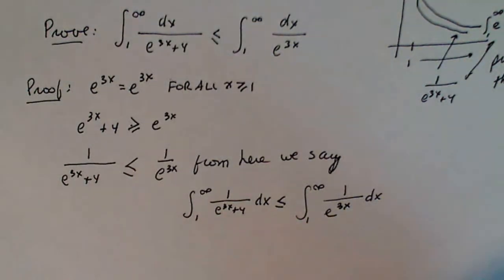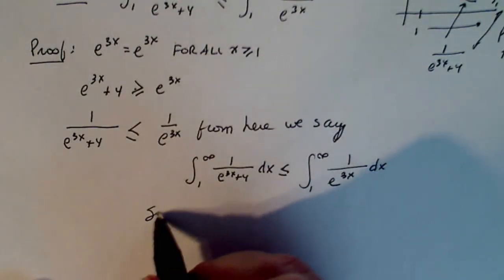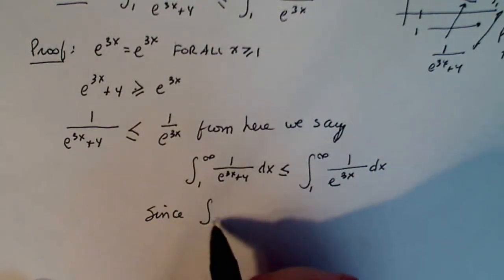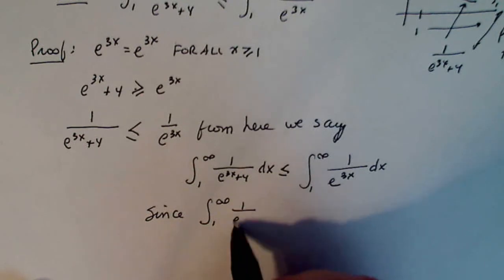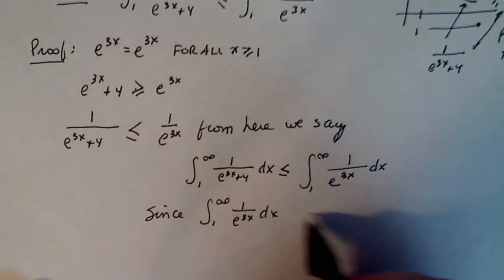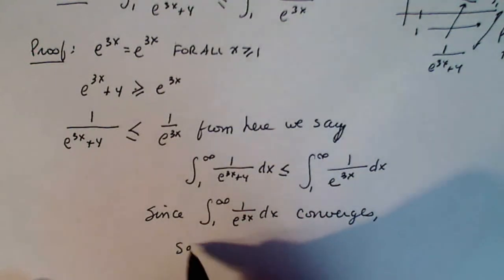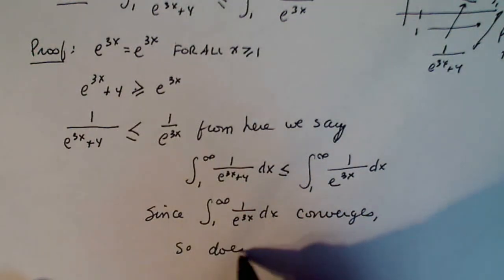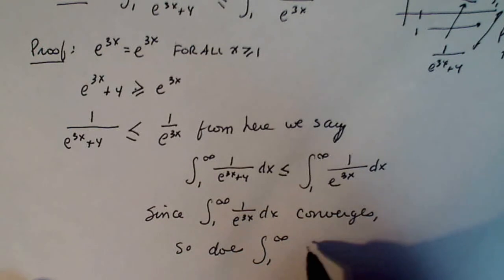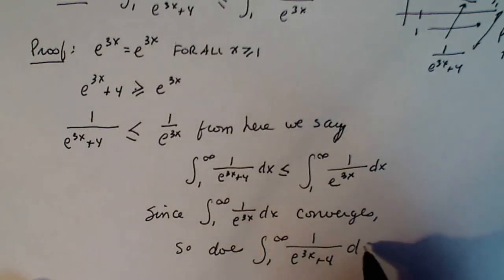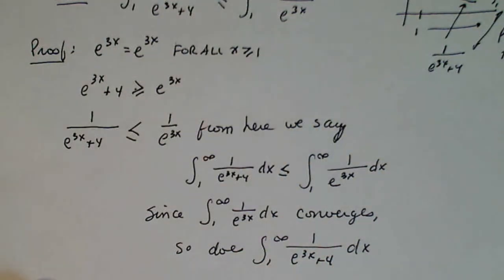So from this, since the integral from 1 to infinity of 1 over e to the 3x dx converges, so does the integral from 1 to infinity of 1 over e to the 3x plus 4. And there you have it.